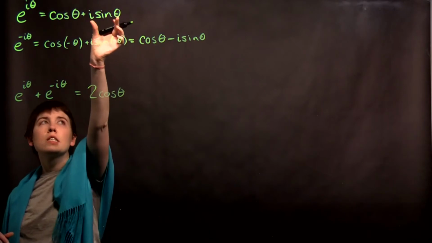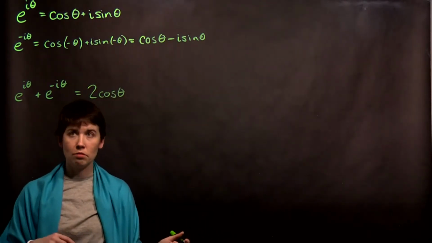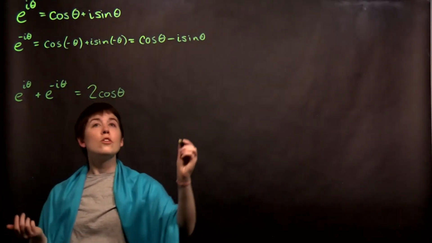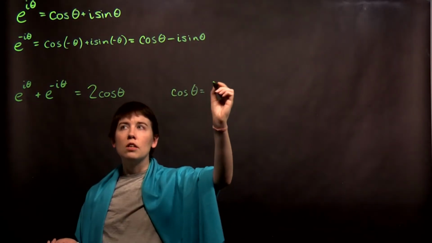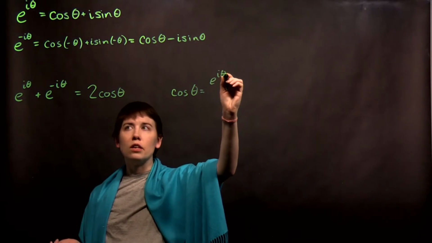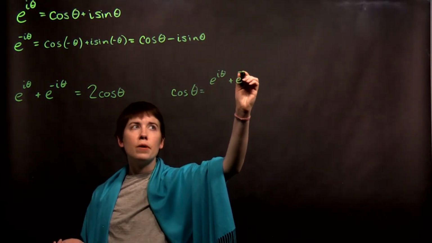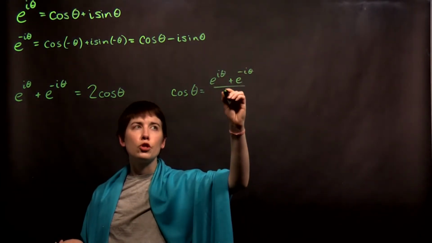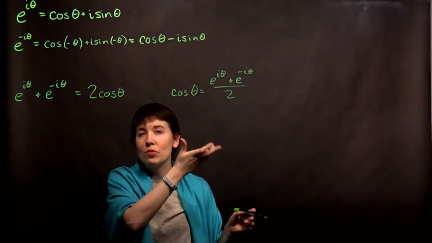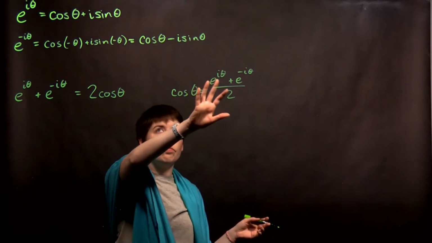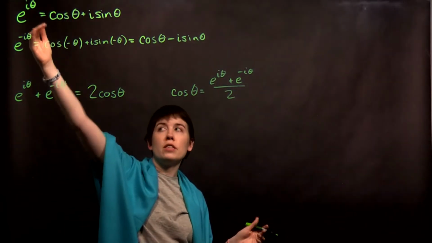And then I have i sine theta minus i sine theta, which is 0. There we go. The way you're going to often see this written is that cosine theta is e to the i theta plus e to the minus i theta over 2. That's a relation you might have seen written somewhere in the back of a book, but you can get it just from knowing this.